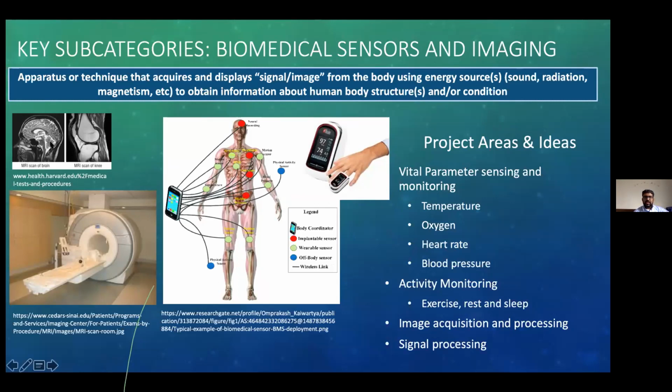So on the left here, you may have seen pictures of MRI scans in movies or something of that sort. That tunnel-like thing on the left of your screen is an MRI machine that uses a very powerful magnet to generate a magnetic field, which is completely harmless to the body, but it excites the water molecules in the body in a particular way, and it aligns them in a particular way.